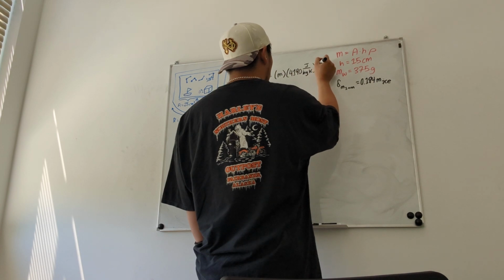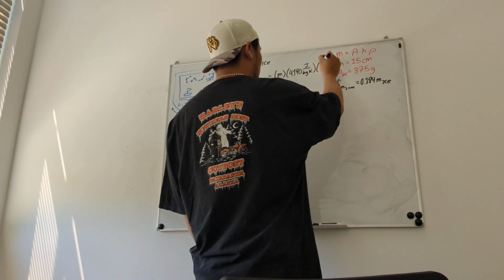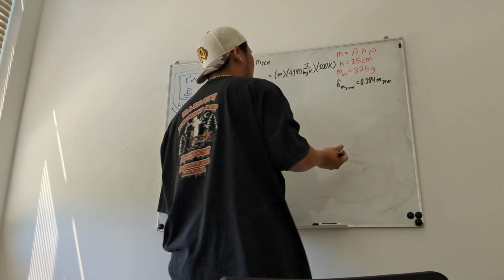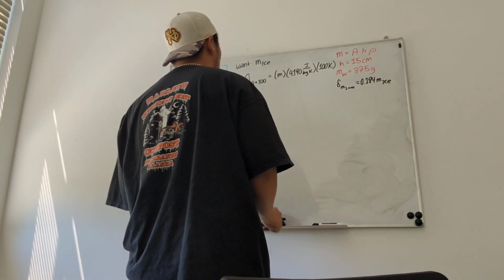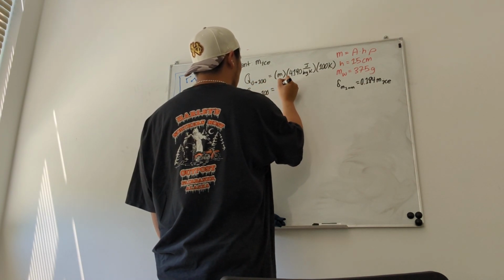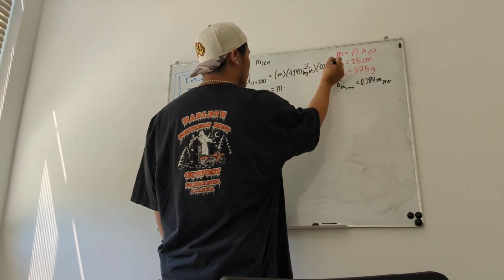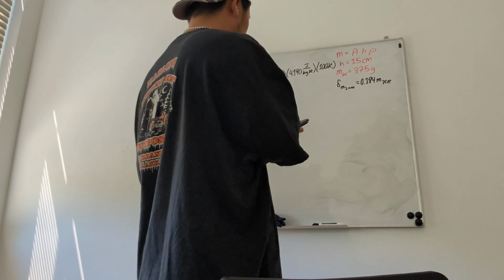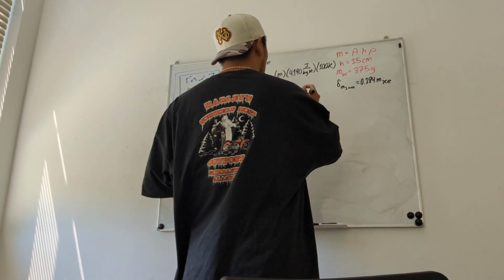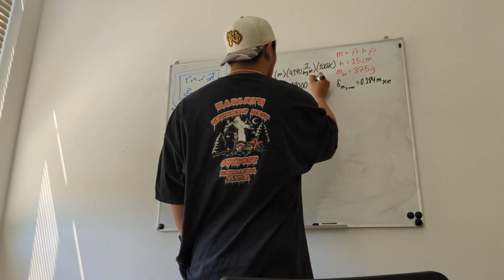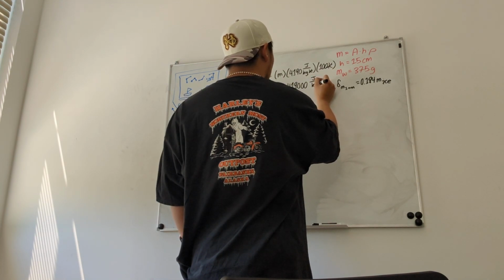And then delta T would be 100 minus 0, so that's just 100. We're just going to say Kelvin for the sake of units, because it's going to cancel anyway. So the energy from 0 to 100 is equal to M times 41,900 joules per kilogram.